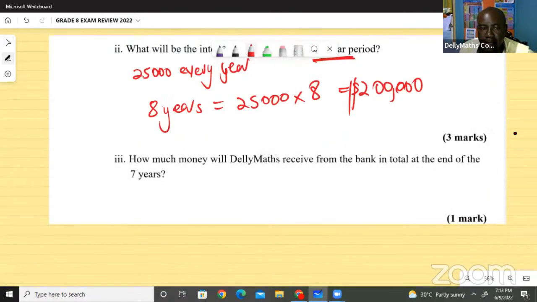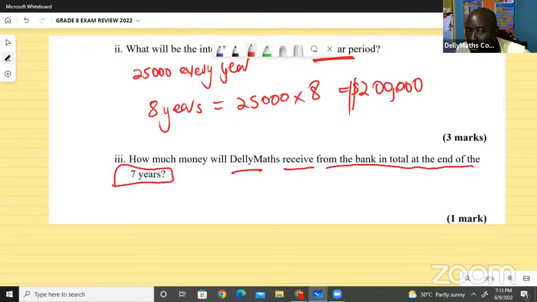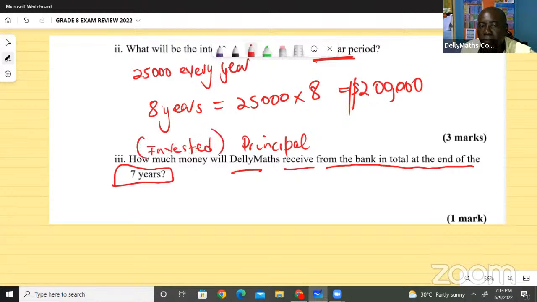Now, this question says, how much money will Delhi receive from the bank in total at the end of 7 years? Now, you have to think about the question. The money you're going to receive from the bank will be your money, which is your principal, as in the money that you invested, plus the interest you get.